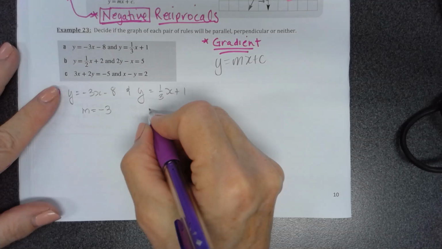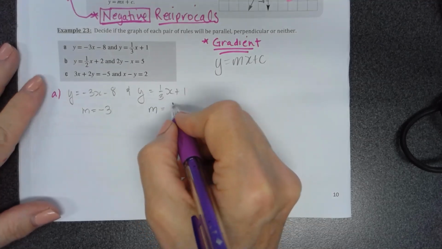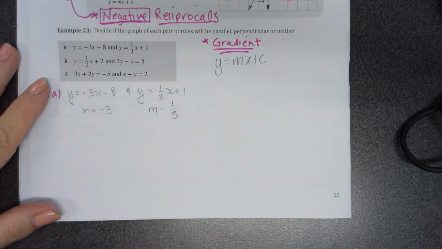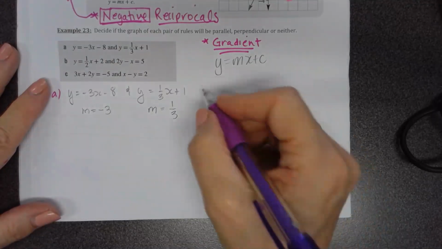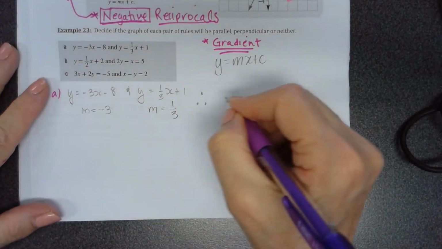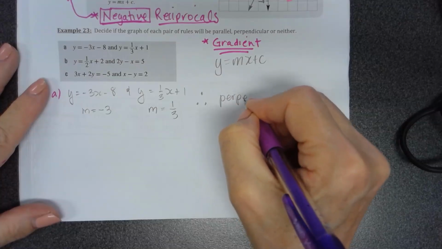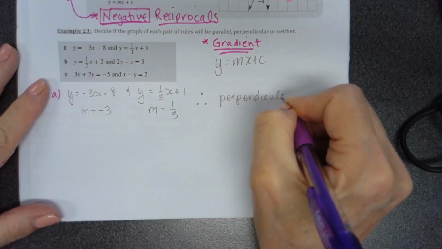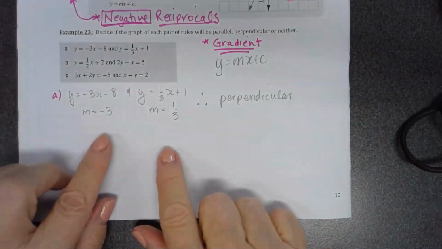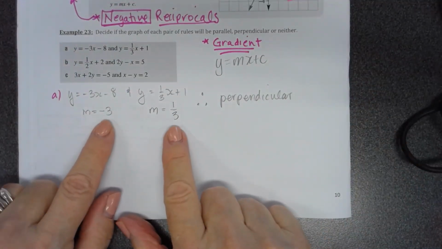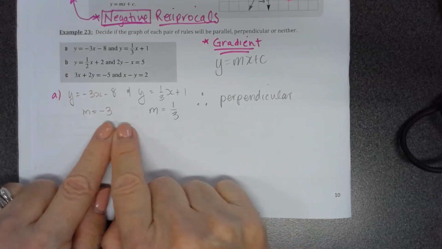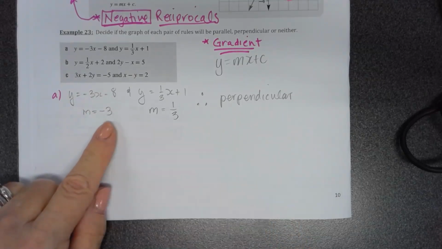And what's the gradient of this one? Are they negative reciprocals of each other? Yes. So I write, therefore, perpendicular. So is negative reciprocals when they're not equal? And they're not the same? Okay, ready? One of them is -3. The other one is positive, so the other sign, and upside down.